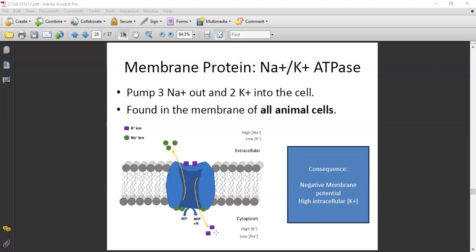With this pump, there's 2 consequences. One consequence is that because it pumps potassium into the cell, sodium out of cell, it will make this intracellular environment have high concentration of potassium because you pump potassium in. When it pumps out, basically free floating around, this extracellular is just like ocean, right?